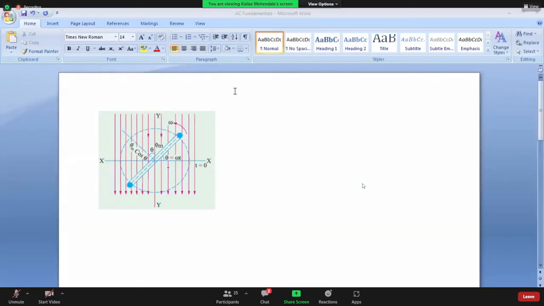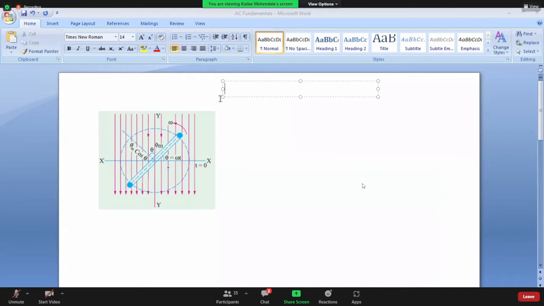So this is what we were doing before we got interrupted. Let us continue with the derivation, which is very much part and parcel of the syllabus and can be asked in the examination.